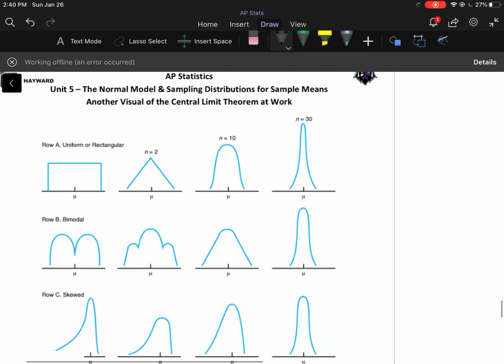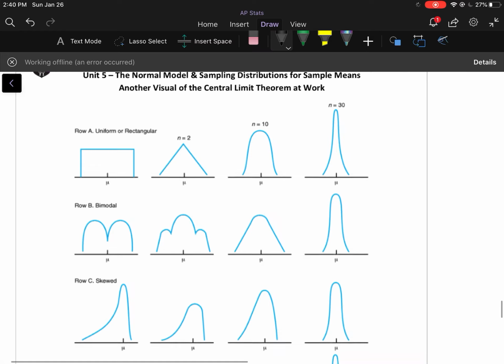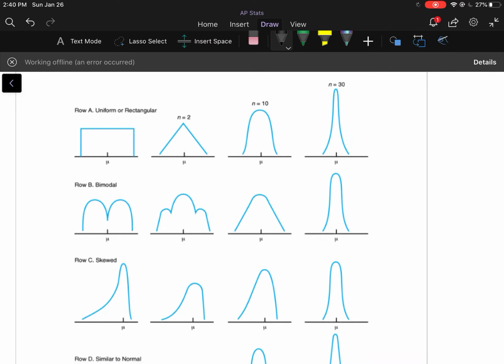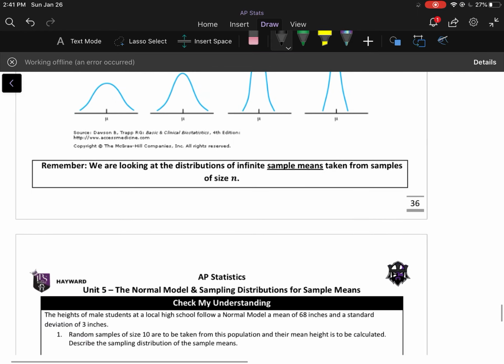This next page shows you that as n increases for each of these different sampling distributions, eventually, once n gets big enough, the sampling distribution becomes normal. And you're going to see that occur with the simulation that you're going to do later on with the worksheet.